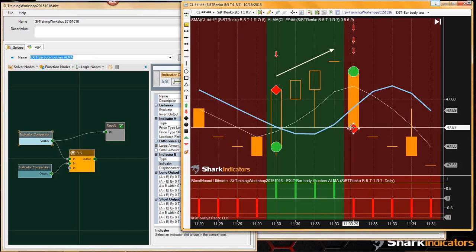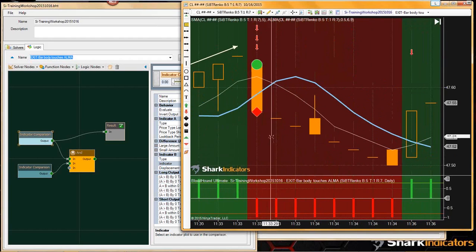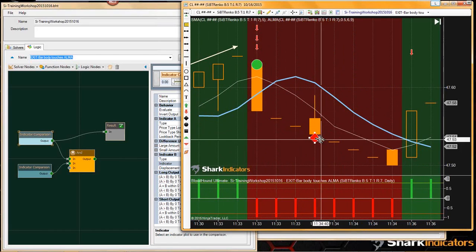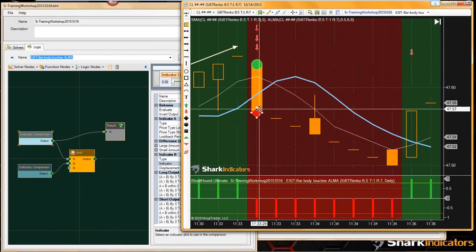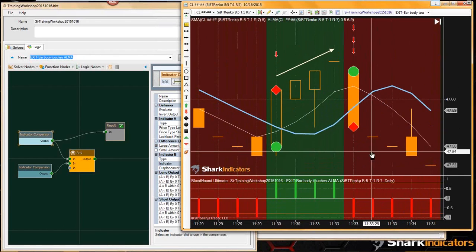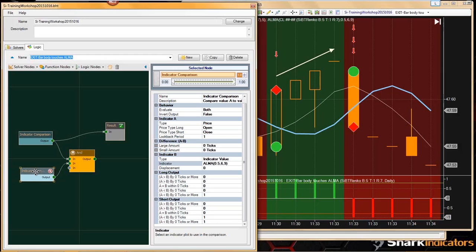Right here our closing price is less than our moving average, and on all these bars the closing price is less than our moving average, so that's why we're getting a short output. That's set up correctly. Let's take a look at the other solver here.